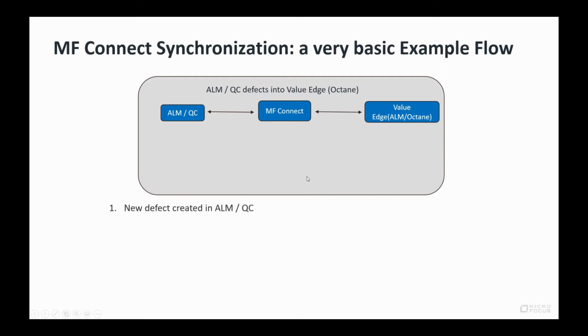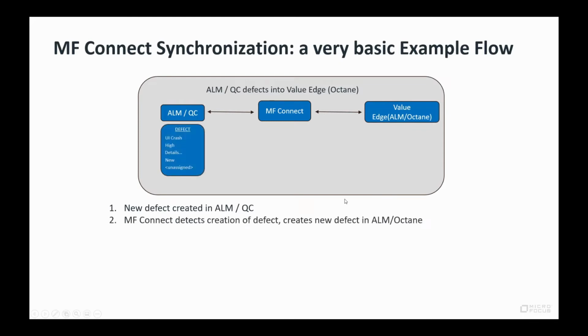In this example, a user logs into QC and creates a defect. A sync is done. MF Connect detects the creation of the defect, and it will go ahead and create the same defect in Octane.